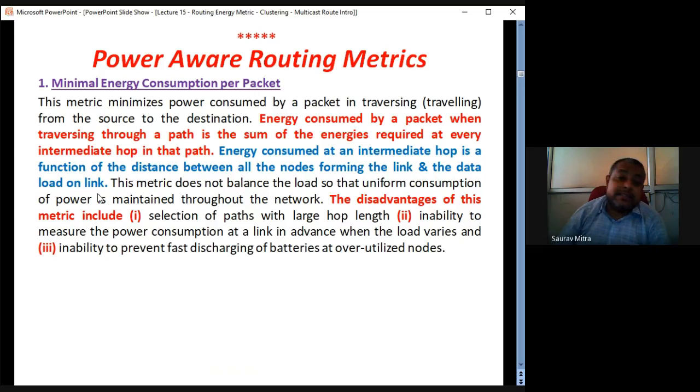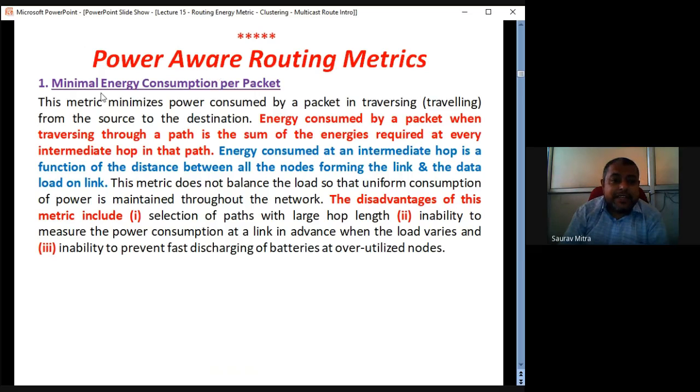But when the same 2 nodes carry 3-4 different types of communication, then for the same packet more energy will be required, because security of the data also has to be maintained. So the data load on the link is another factor. Whether the link is heavily busy, underloaded or properly loaded also decides how much the transmission and reception power will be for any data packet.